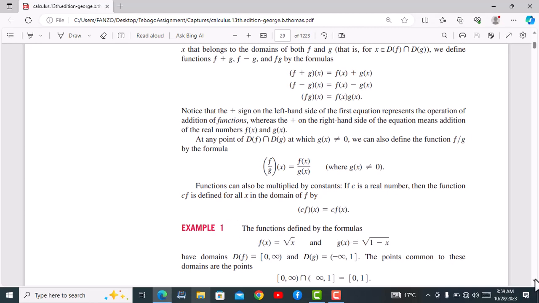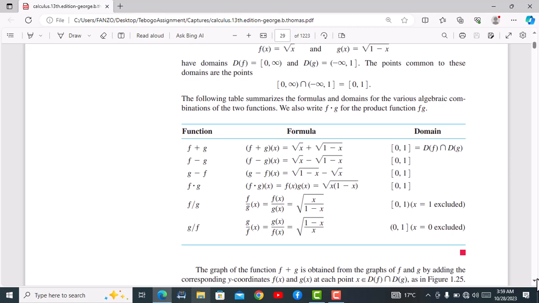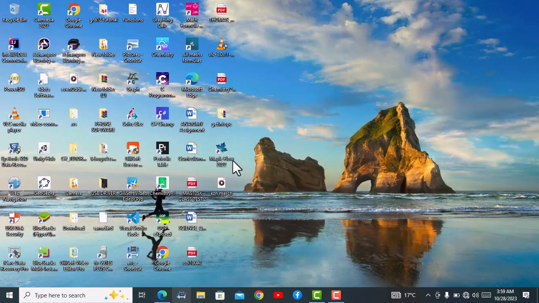Now we have an example. The function defined by the formula f at x equals the square root of x. Do we have such a function drawn? No, it is not. Let us quickly draw that.